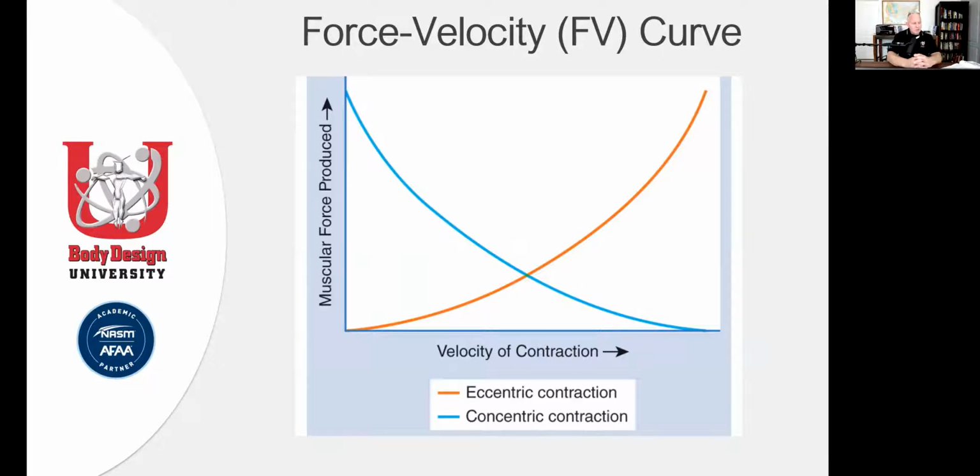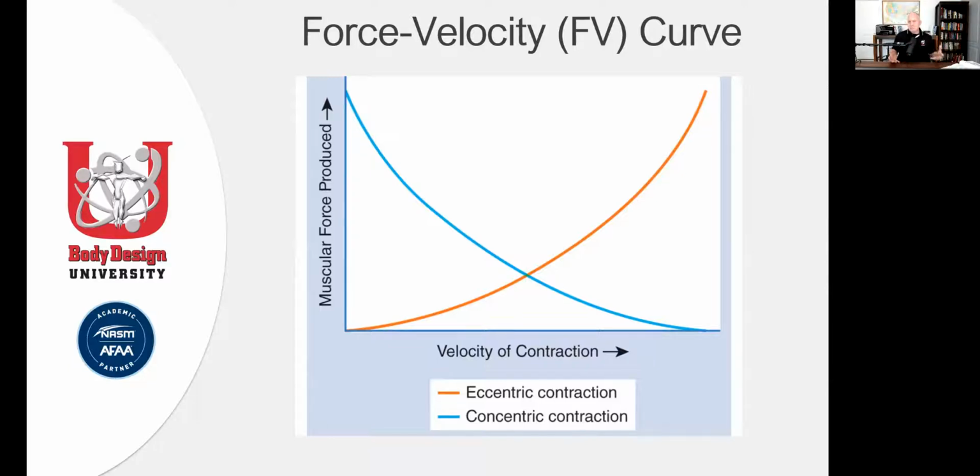And I'll be honest with you, a lot of the reasons why students going through this part of the material can get confused is simply because those of us in the academic part of this sort of assume certain things. We assume you already know certain things about the sarcomere, that you already understand the force tension relationship. You already understand actin and myosin overlap in a sliding filament theory.